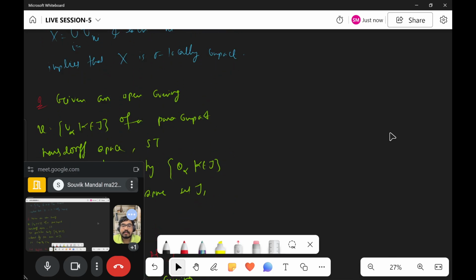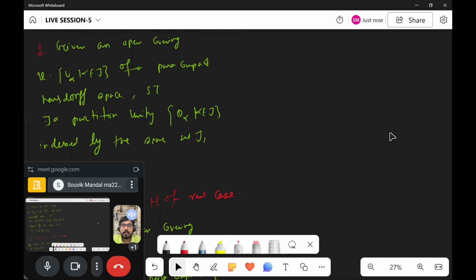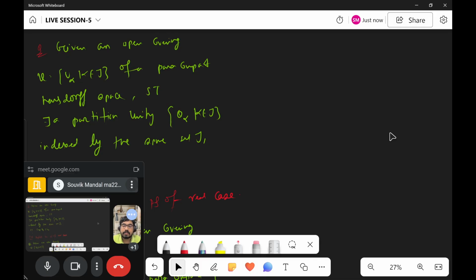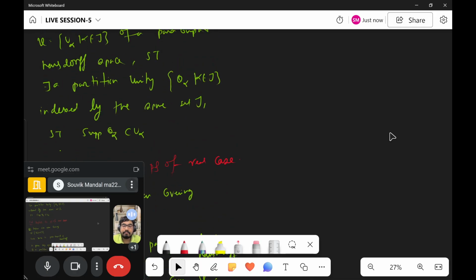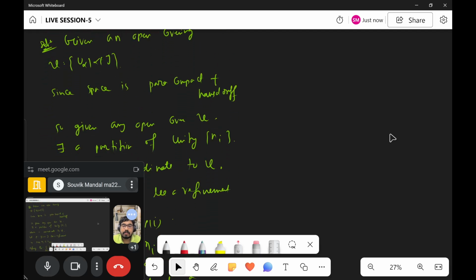Basically, we have a given open cover U alpha of a paracompact Hausdorff space, and there is a partition of unity indexed by the same J. So it is well known that for a paracompact Hausdorff space, we always have a partition of unity.